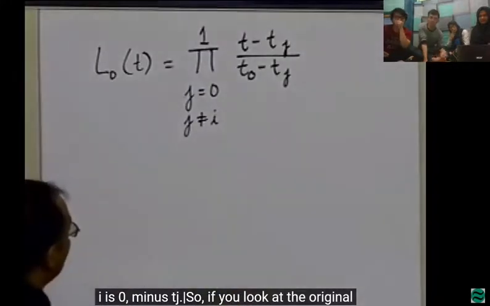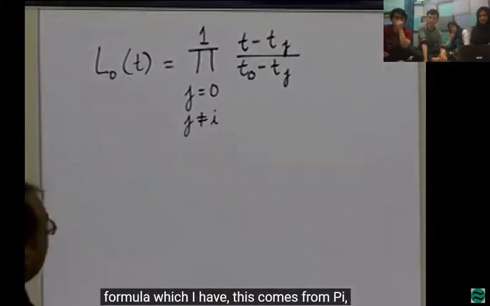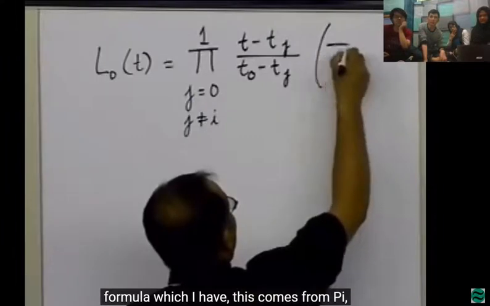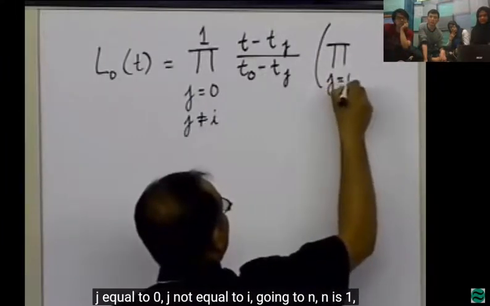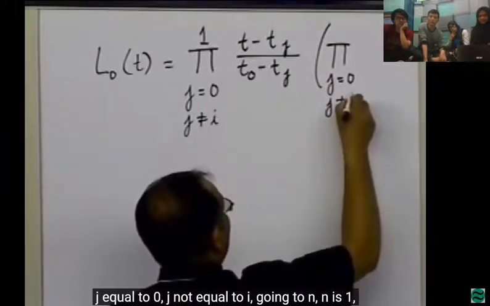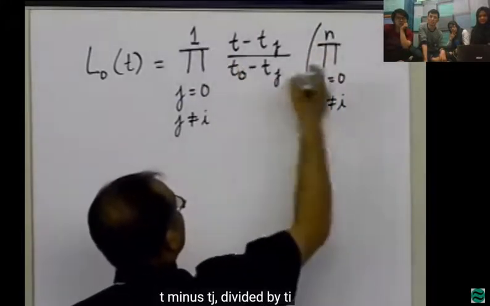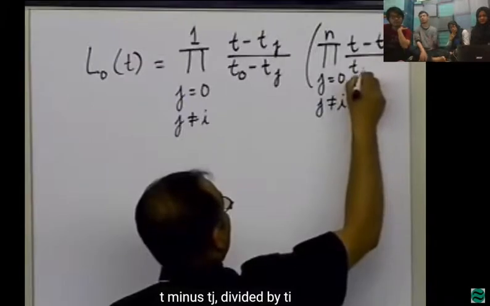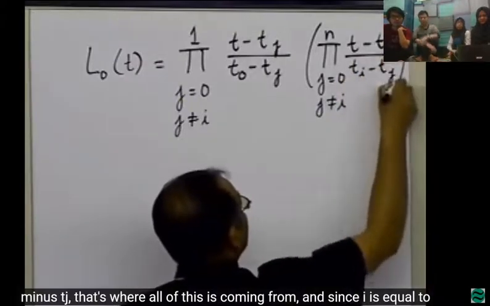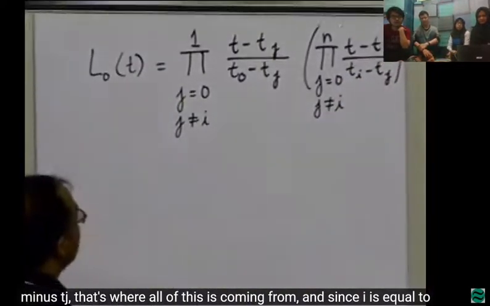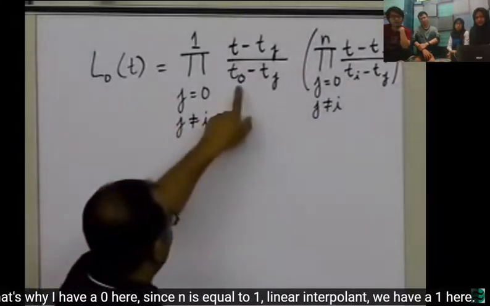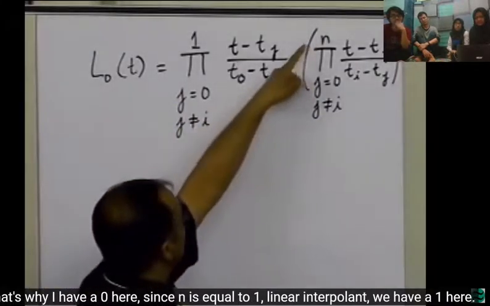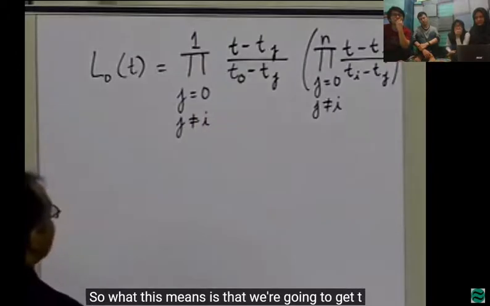If you look at the original formula which I have, this comes from the product over j equal to 0, j not equal to i, going to n, of t minus t sub j divided by t sub i minus t sub j. That's where all of this is coming from. And since i is equal to 0, that's why I have 0 here. Since n is equal to 1, a linear interpolant, we have a 1 here.